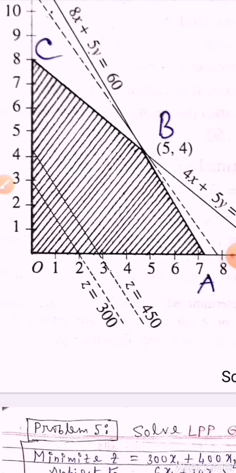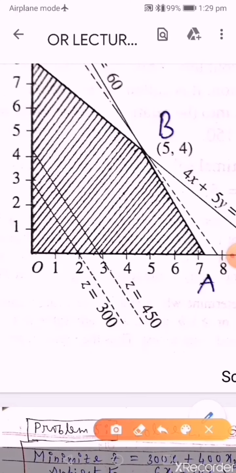in the feasible region. As the problem is the problem of maximization, we will shift this line away from origin parallel to itself, and ultimately it will coincide with this point B, whose coordinates are 5, 4.